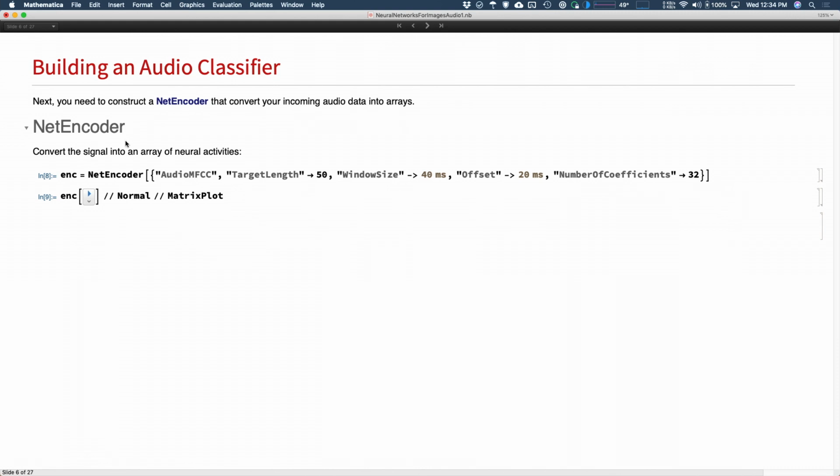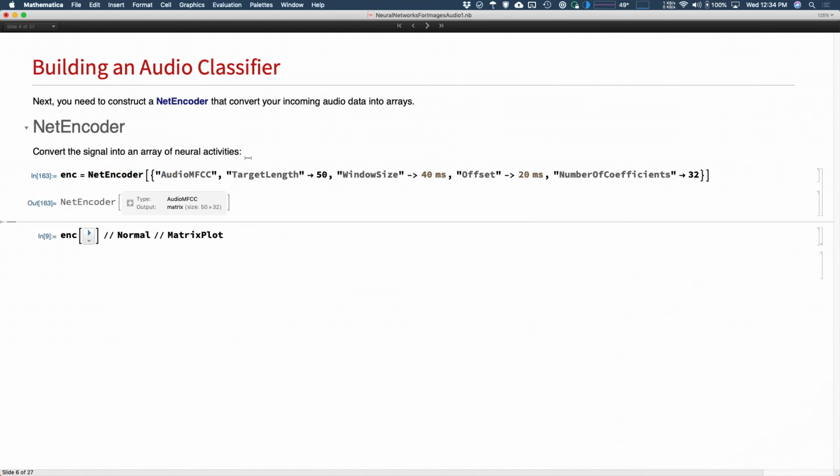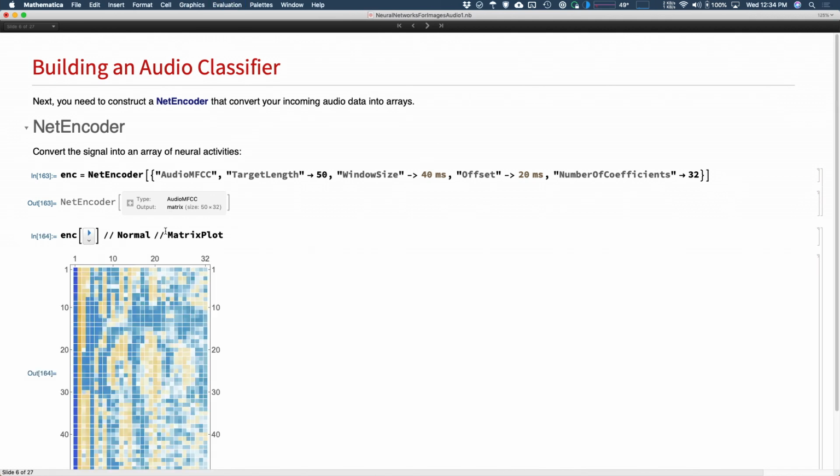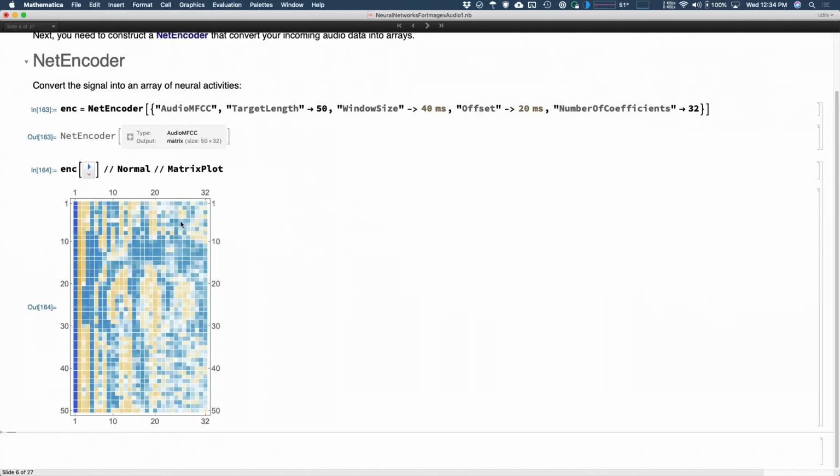And we provide a reasonably complete collection of encoders, different types of encoders for audio. In this specific example, I will use the audio MFCC encoder with a fixed size. So this will take an audio signal and produce a matrix that's 50 by 32 in this specific case. And this is what that kind of data would look like.